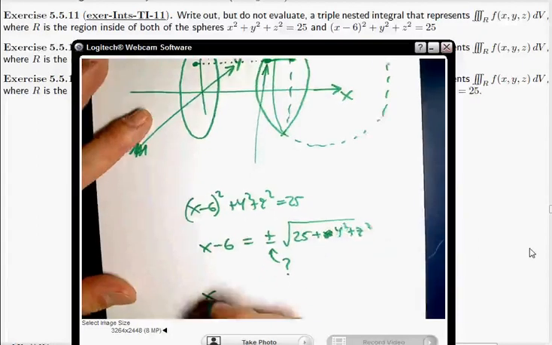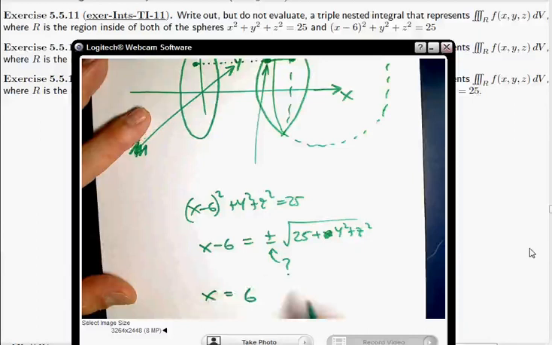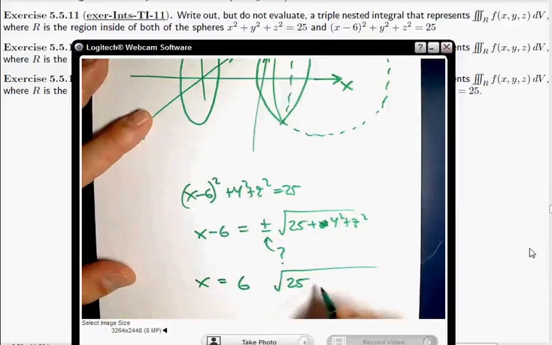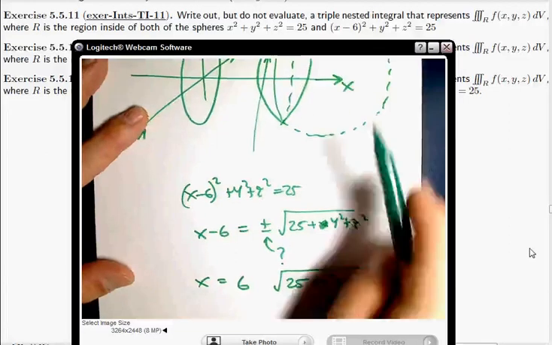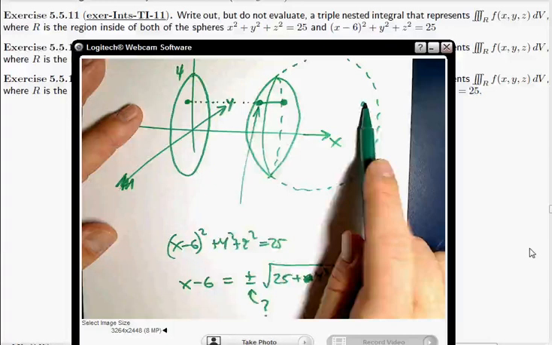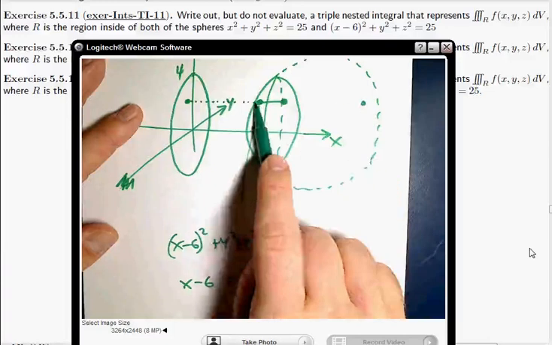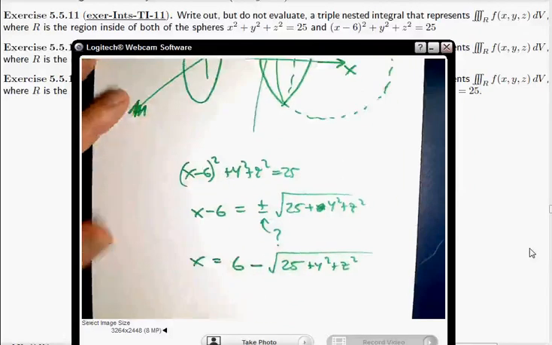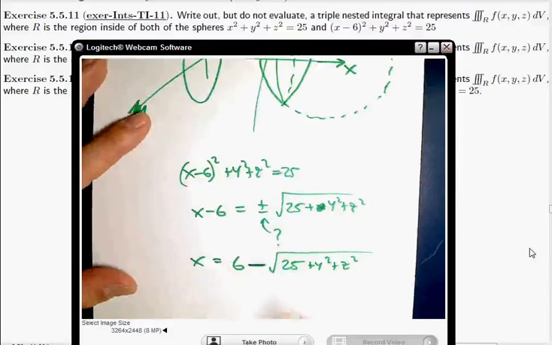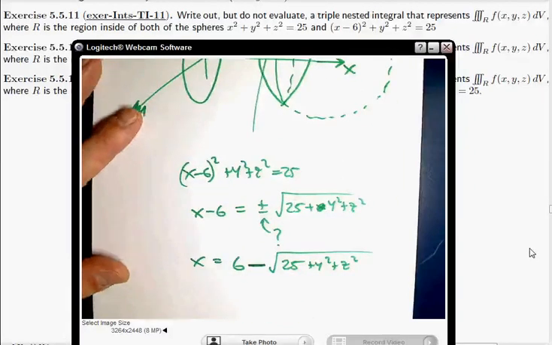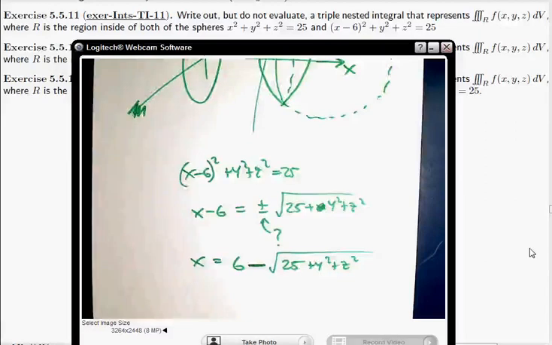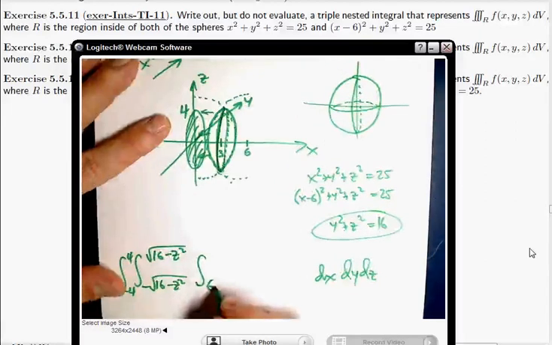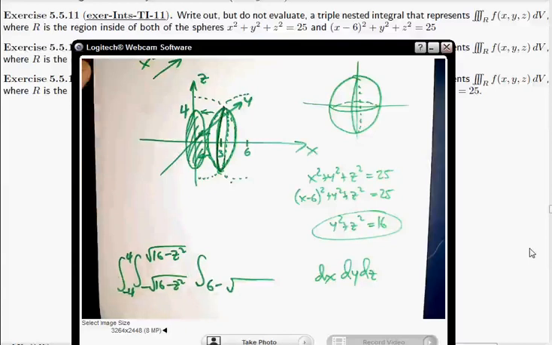So therefore, x is 6, and I've got to decide plus or minus this square root. The plus would give me this point way over here. I don't want that one. I want the one there. That's going to be the minus. Is that cool? Okay, so this bound here is 6 minus that great big radical.